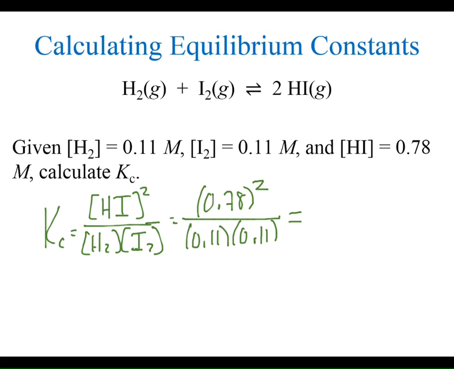So 0.78 squared over 0.11 squared, basically. So what would it be with 2 sig figs? For 2 sig figs, I have to put a decimal at the end, or I could do 5.0 times 10 to the 1.